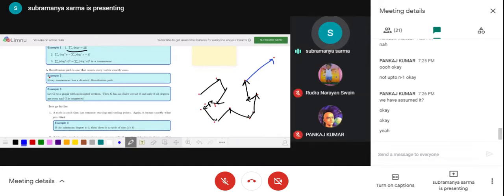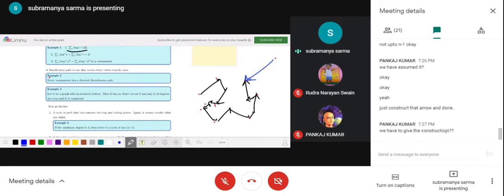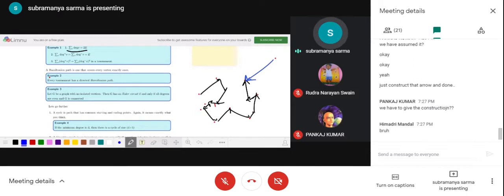So let's assume otherwise, right? Because if that's there, then we're done with the question. So let's assume that this arrow is in this direction and not x, right? So let's assume it's in this direction. Now, you don't need to explicitly give the construction.